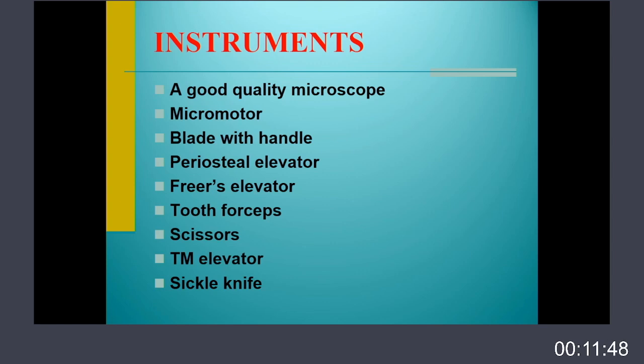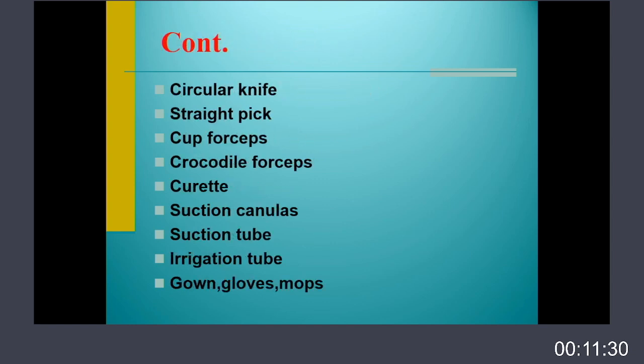One should not be in a hurry to finish everything in a couple of hours. The instruments that are required: good quality microscope, micromotor, blade with handle, periosteal elevator, Fisch elevator, tooth forceps, Caesar, TM elevator, sickle knife, and all those instruments that we require for ear surgery.